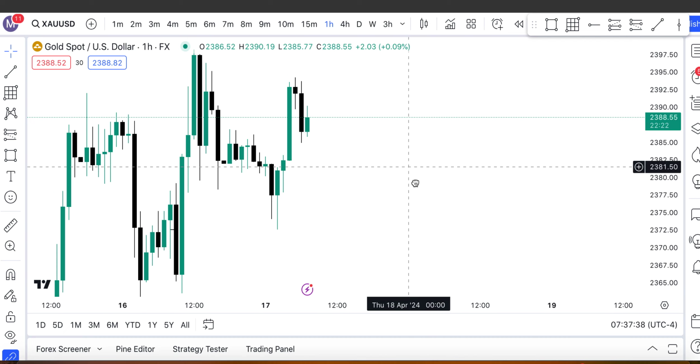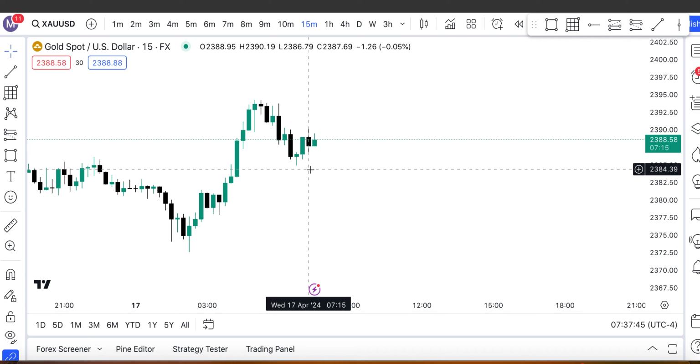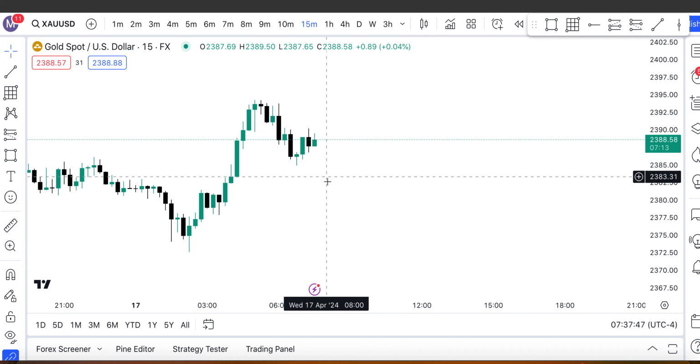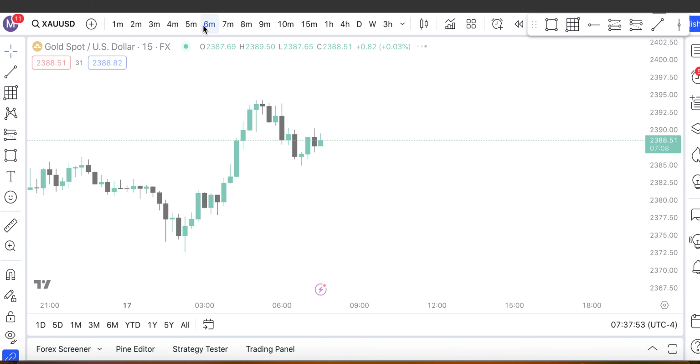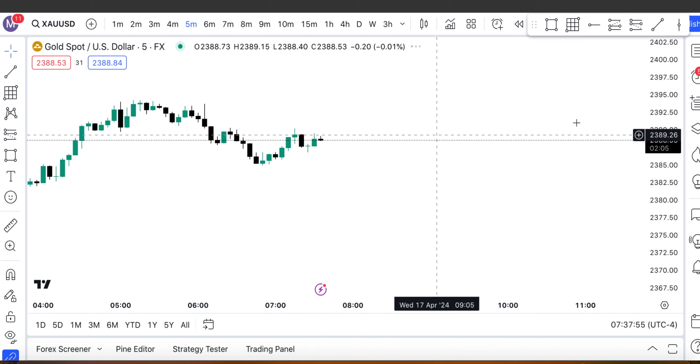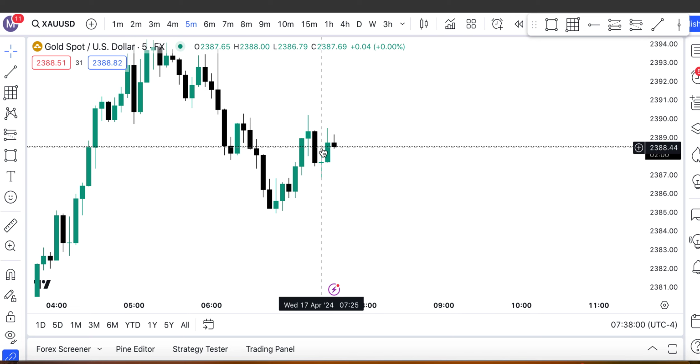But the lower we get, each candle represents that number. So this is a 15-minute time frame, so each candle represents 15 minutes. And then we can go lower and lower. On the 5-minute time frame, each candle represents, guess what? 5 minutes.